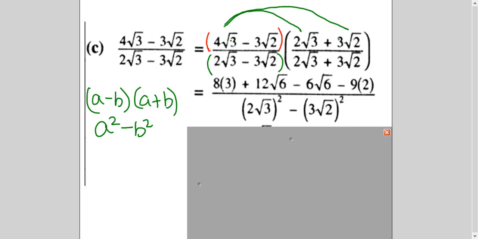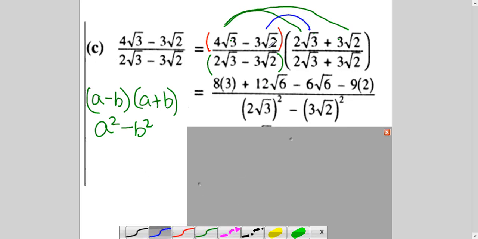Then this multiplies by this. 3 2s are 6, 2 3s are 6. Can you notice? And then this multiplies by this. So the number outside the surd multiplies by the number outside, and surd multiplies by surd. So 3 into 3 is 9, 2 into 2 is 4, and root 4 is 2. I hope it is clear.